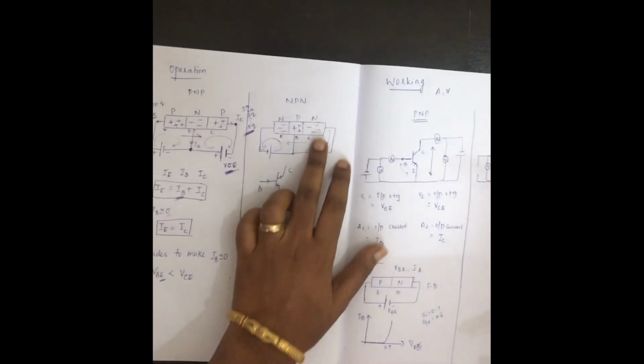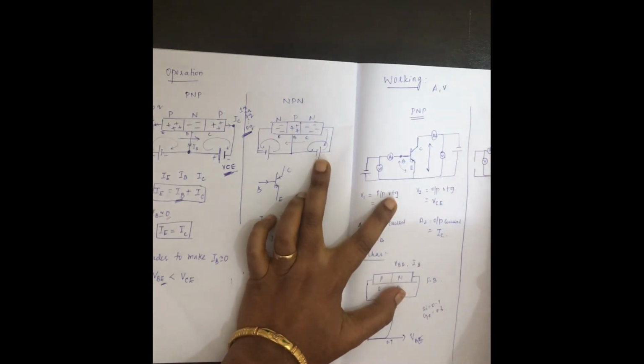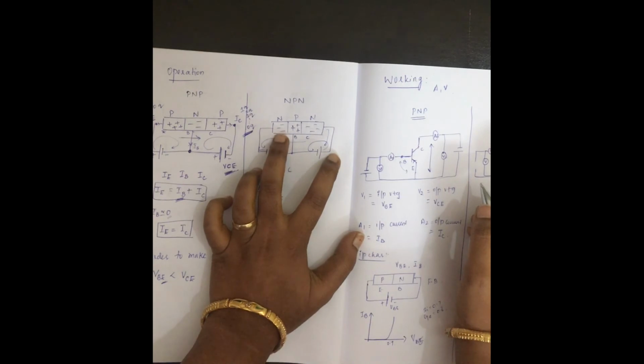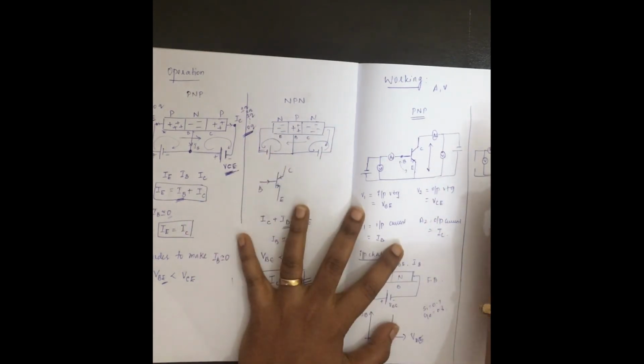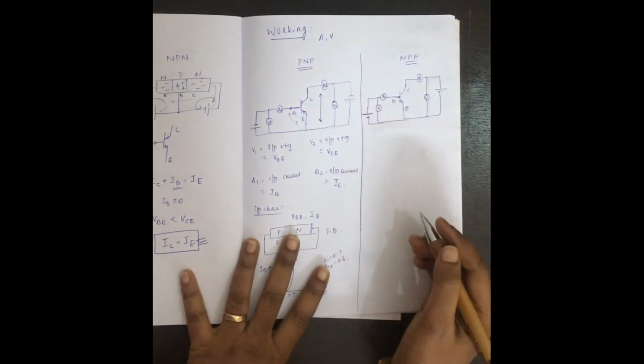Okay, here the collector is connected to positive, so the collector will be connected to positive and the emitter to negative. Here if you see, the emitter is connected to negative, base to positive. Okay, this is how the battery is connected for working mode of the NPN transistor.